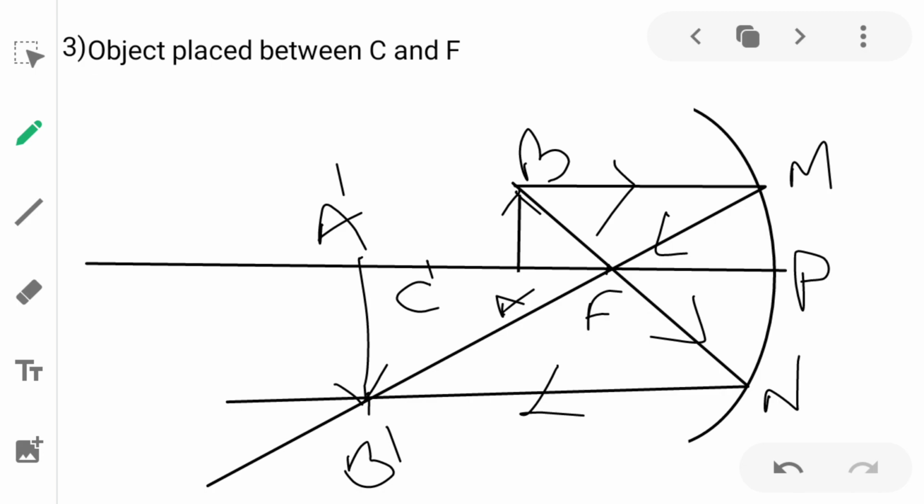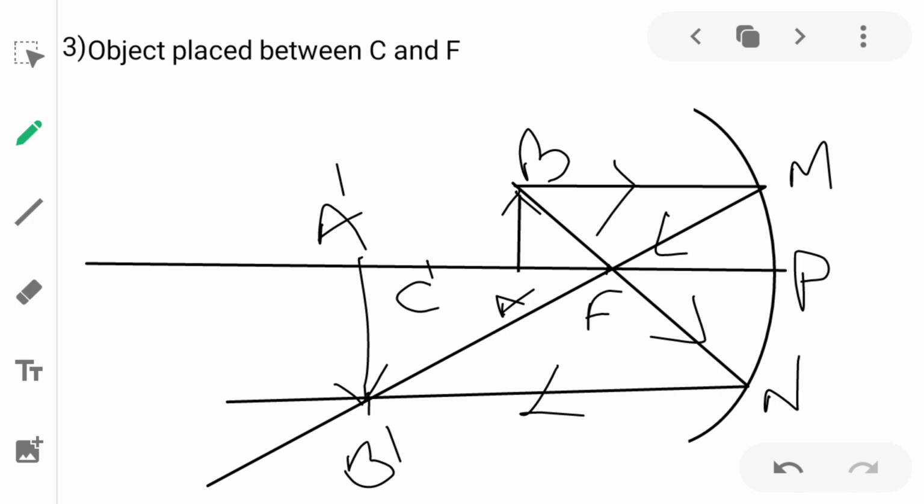The image is below the principal axis. It is inverted as it is in front of the mirror, and it is formed by actual meeting of the reflected rays. It is called a real image. And look at the size of the image compared to the object.